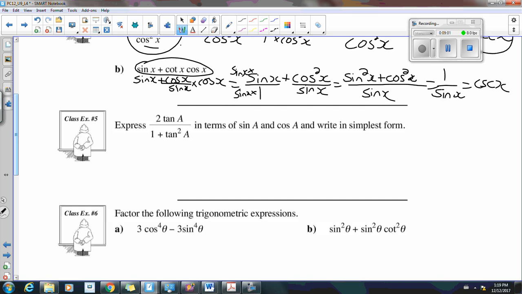Next example, express 2 tan A over 1 plus tan squared A in terms of sine A and cos A and write in simplest form. So I'm going to start by just writing everything in terms of sine and cosine.